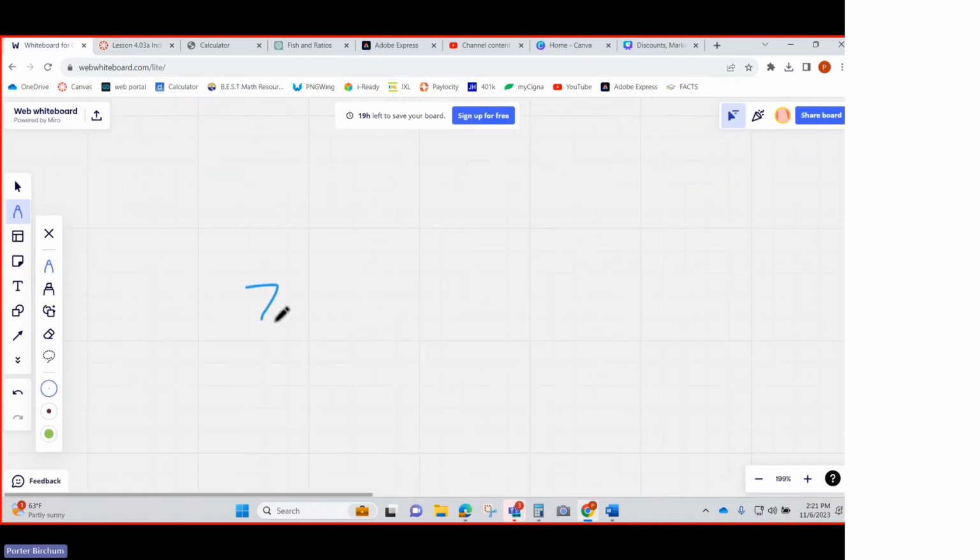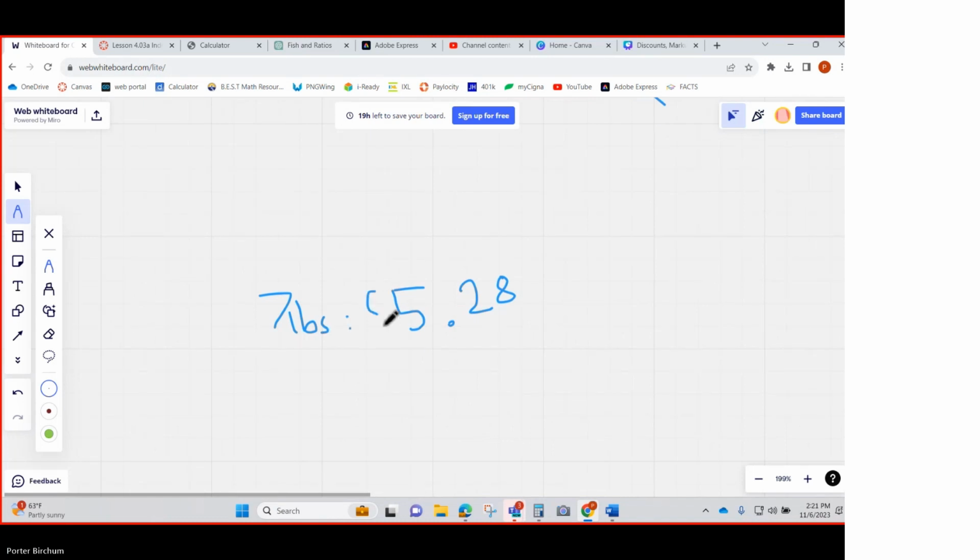So 7 pounds is $5.28. I want 1 pound. How much does 1 pound cost?